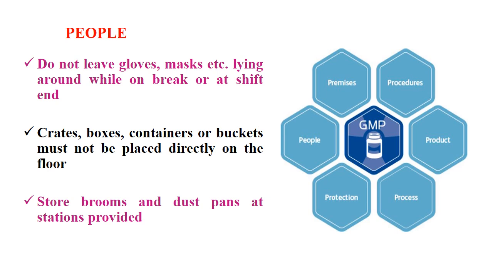Store brooms and dustpans at the stations provided. All these brooms or dustpans should be kept in an appropriate place. So these are some of the specific instructions for the people or personnel, in addition to their personal hygiene etc., which we have already discussed.